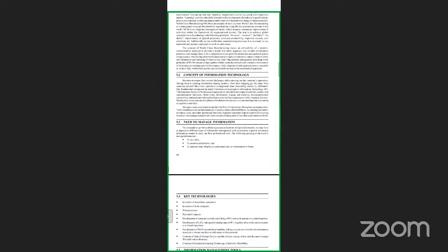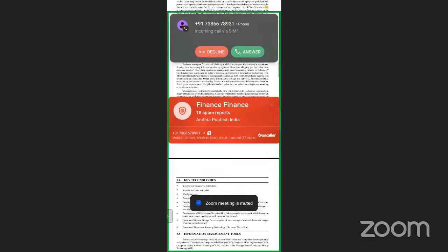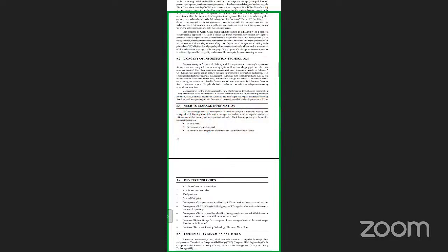So, what is the need to manage information? As we all know, there is tremendous growth and heterogeneous collection of digital information, which depends on different types of information management tools that try to preserve, organize, and access information that is needed for the profession or to carry out professional tasks.